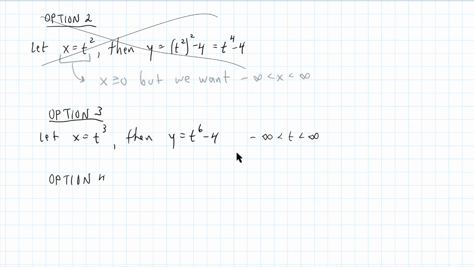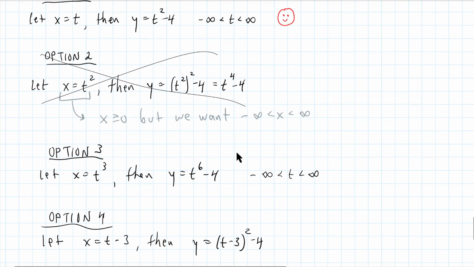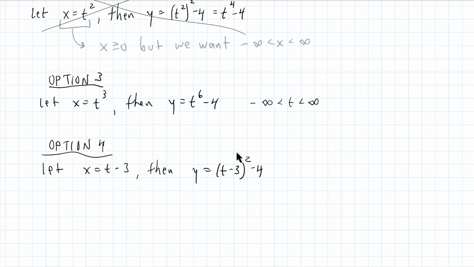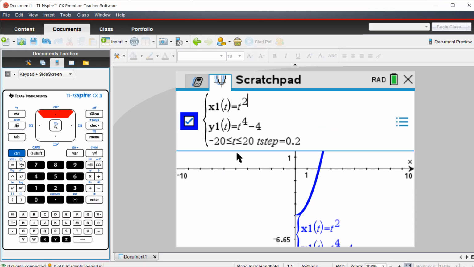Option 4, I could let x be t minus 3 because that would let x be positive or negative. Then y would be t minus 3 squared minus 4. And again, I'd want to go ahead and let t be any real number, but I think that's going to work.